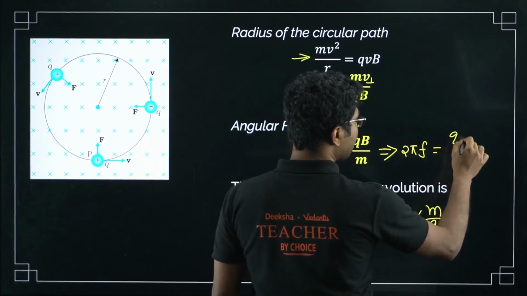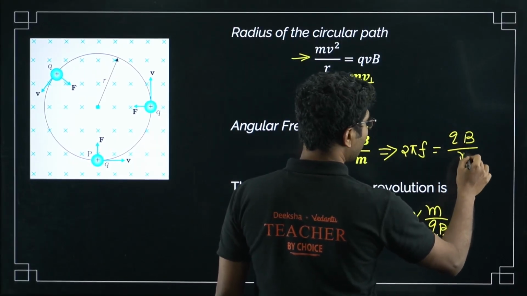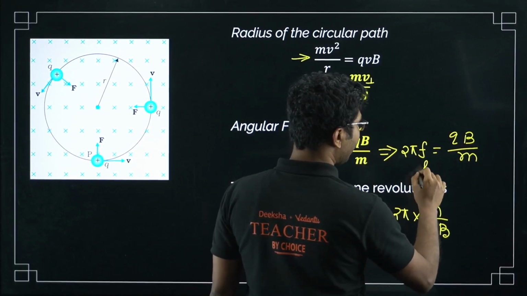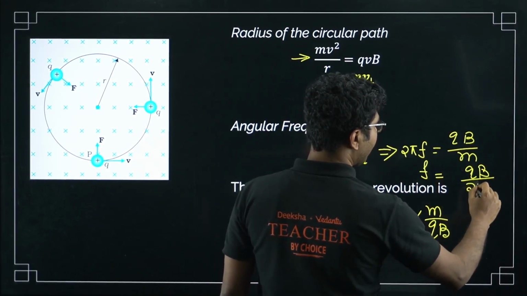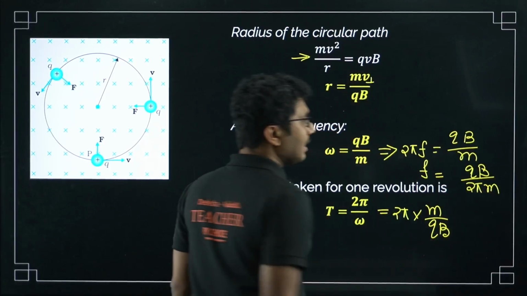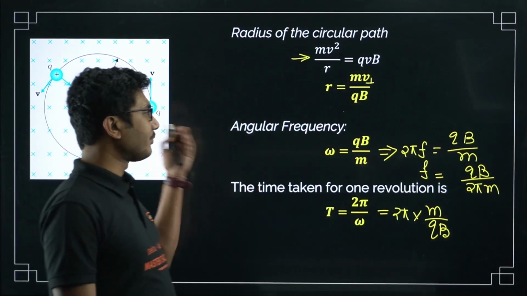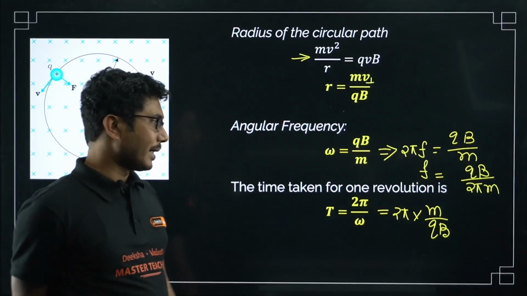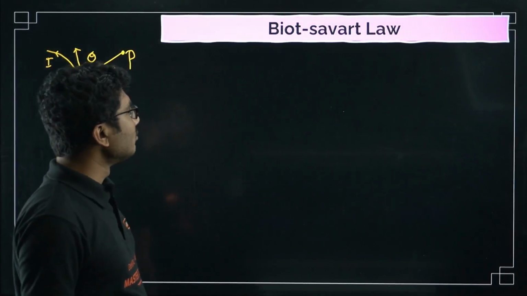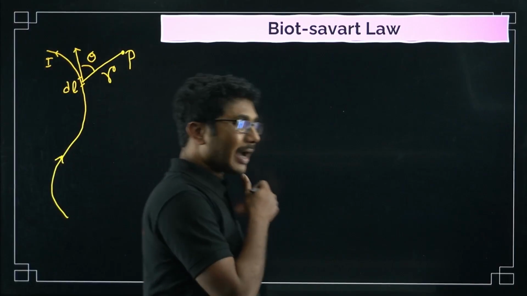The old name was cyclotron frequency. Cyclotron is no longer part of your syllabus, but the frequency you can still calculate: qB by 2 pi m. If you know the angular frequency, you can calculate the frequency and the time period, no matter. Now let's move on to another part, Biot-Savart's law.